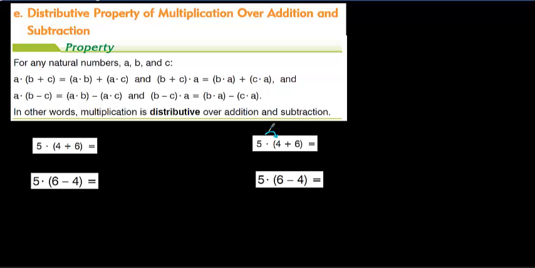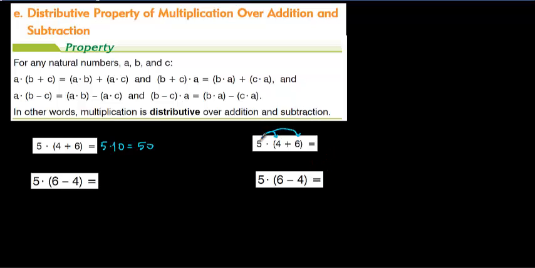Here for distribution, I'm going to use these arrows and I'm going to explain how it is. Firstly, let me show the result of this operation. If I add the numbers 5 times 4 plus 6, firstly we should do inside the parenthesis. 4 plus 6 is equal to 10, so it's 5 times 10, and it's equal to 50. Now I'm going to apply the distribution law.